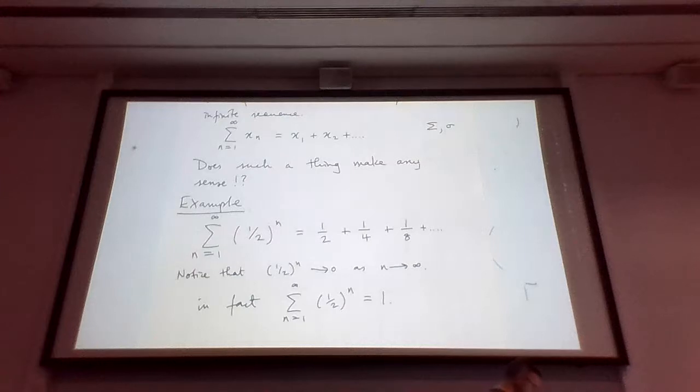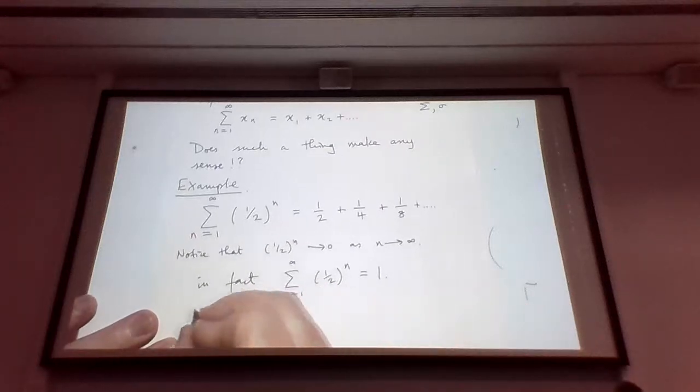But because I'm halving the distance each time, I'm going to get arbitrarily close to the desk. If you want to see me at any degree of closeness to the desk, if you just wait around long enough, you'll eventually see me get to that degree of closeness, because I'm halving the distance each time. And that means the remaining distance is converging to 0. Okay?